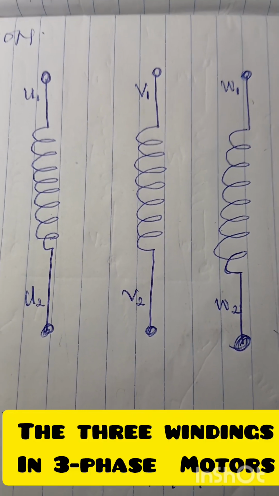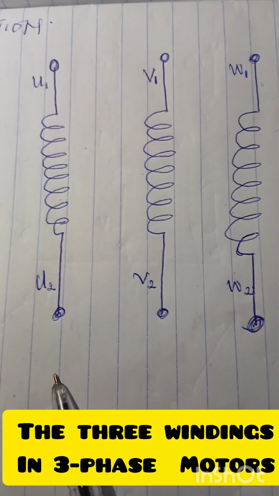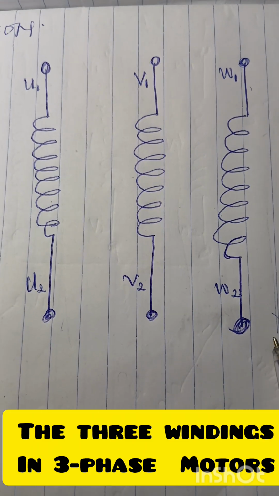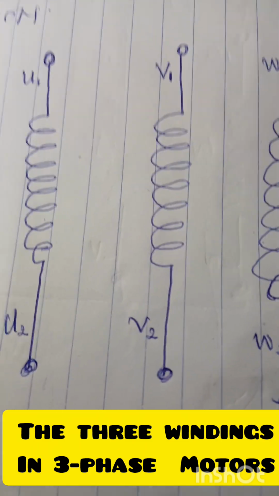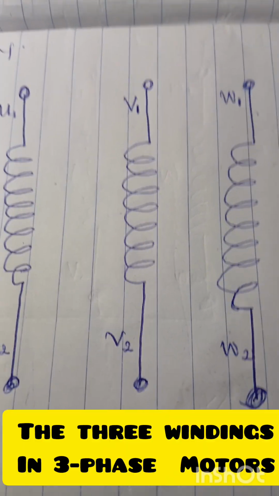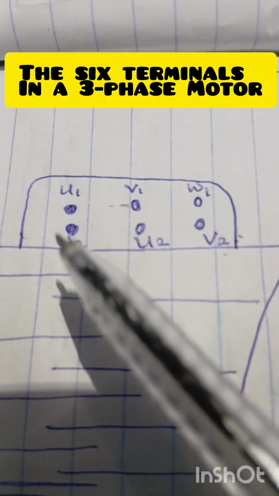When you look at these six terminals, they are represented in the diagram I showed you earlier on our motor terminal box, which is this one I'm talking about. Have you seen it now?